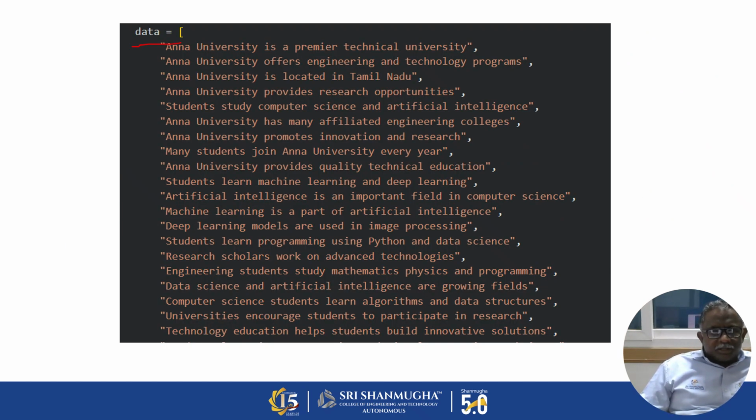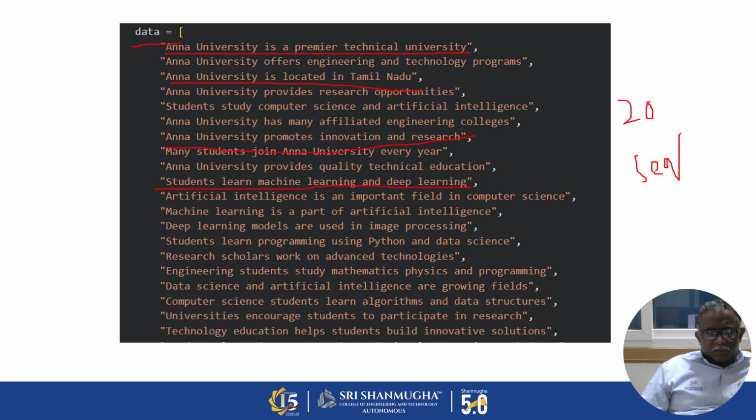So this is the data. I have 20 sequences. I'm not going to read all of them, only a few. Anna University is a premier technical university. Anna University is located in Tamil Nadu, and Anna University promotes innovation and research. Students learn machine learning and deep learning.